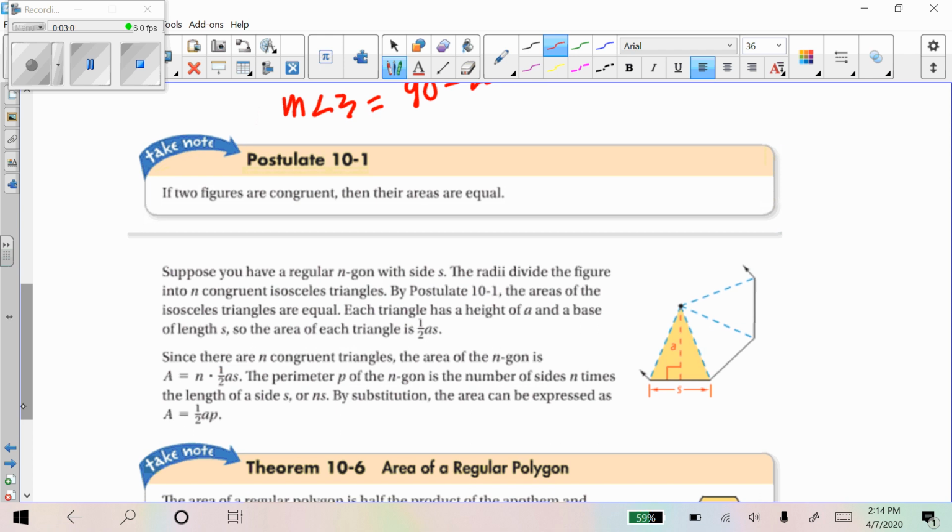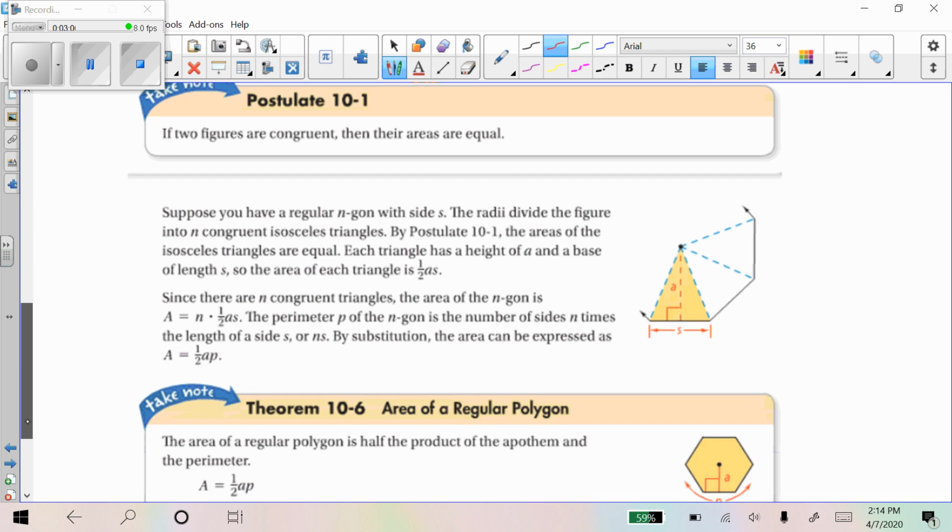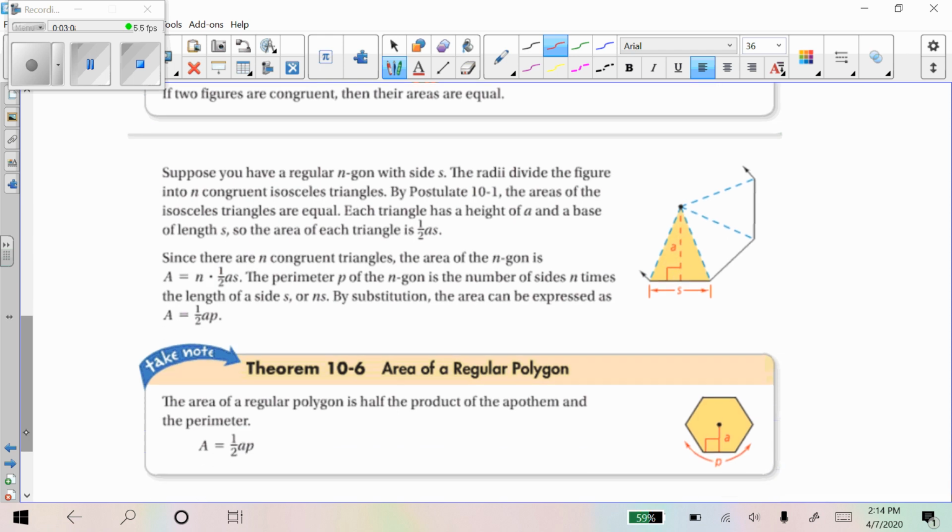So if two figures are congruent, then their areas are equal. That makes sense. And that's where this formula comes from for finding the area of a polygon. You can go ahead and read this and help figure it out.